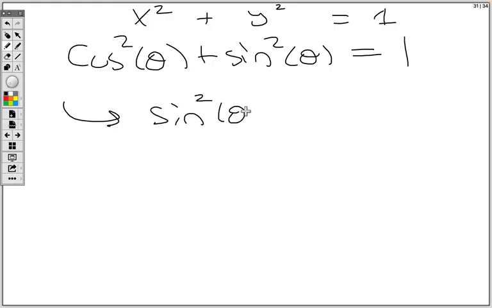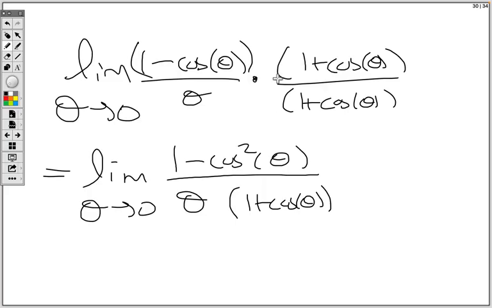We can rewrite this to show that sine squared theta is 1 minus cosine squared theta. So that lets us take this limit, which doesn't have any sines in it at all, to give us sines. Whoops.